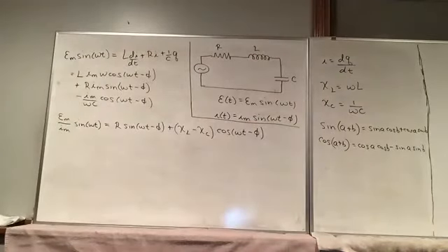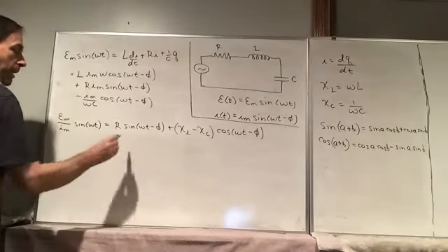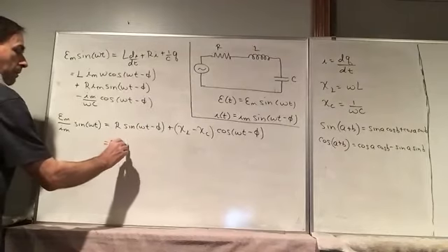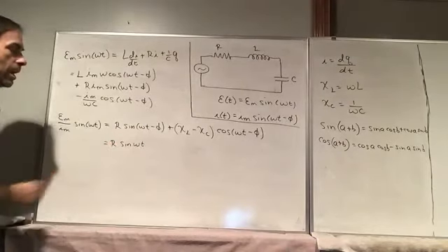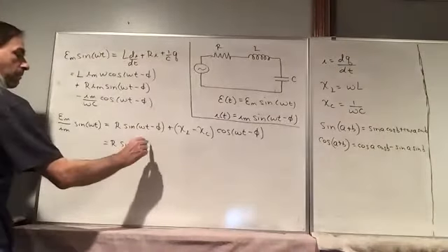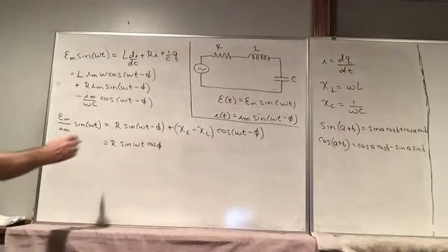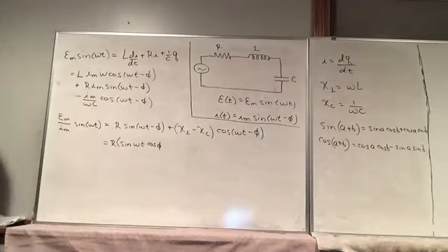Okay. And so now we want to apply these trig identities and kind of clean this up a little bit. So first off, we have sine omega t. Now, here we have cosine of minus phi, which is cosine phi. Cosine of negative x is cosine of x, so we can ignore the minus sign there.